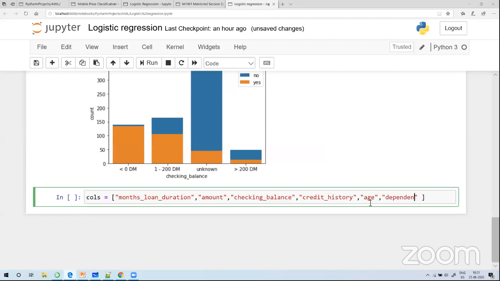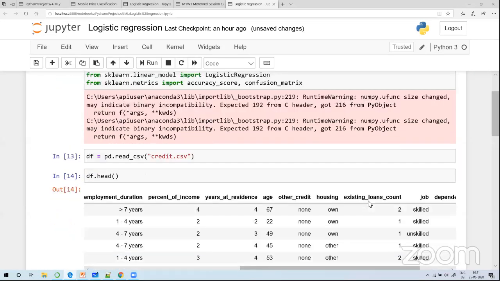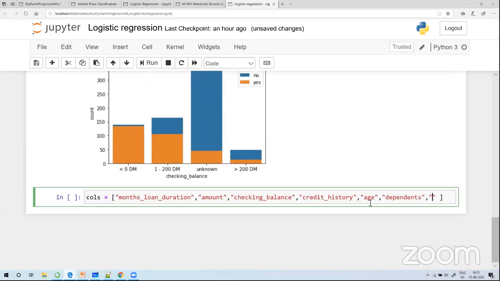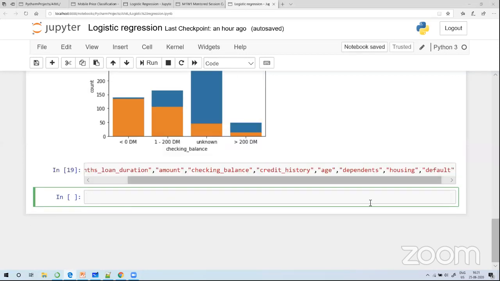But for you, you should definitely do the EDA to figure out the variables that are important for you. Housing. Okay. And then finally, our target variable default.